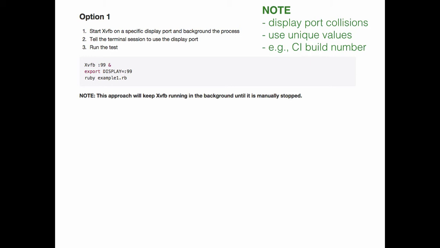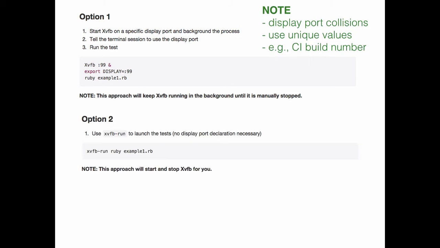A good example of how to do this is to use the continuous integration build number. On something like Jenkins or Bamboo, they make those values exposed through environment variables. And so you should be able to pluck that out for each job, and in your setup specify that dynamic value when setting the display port.